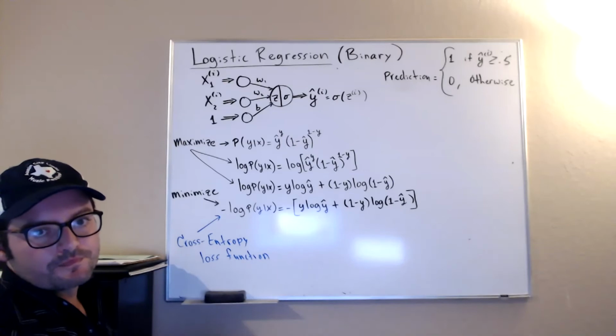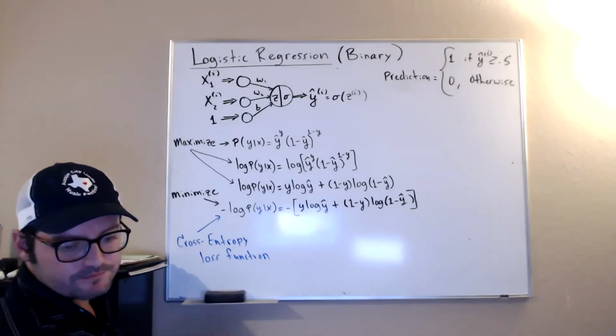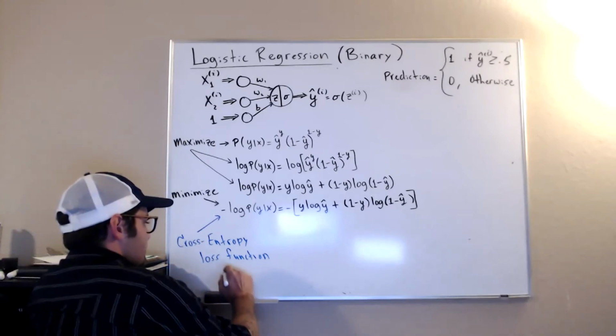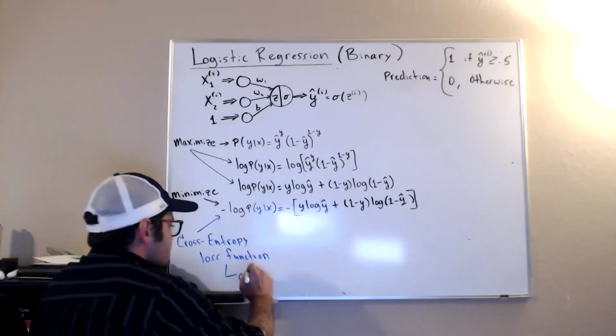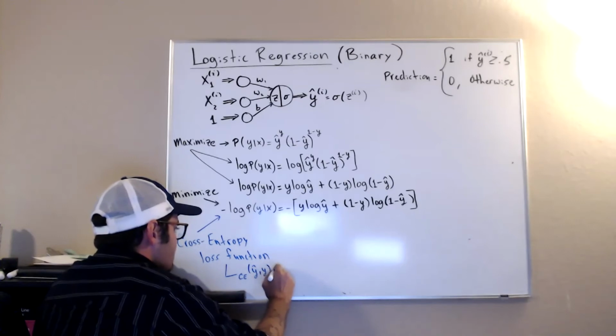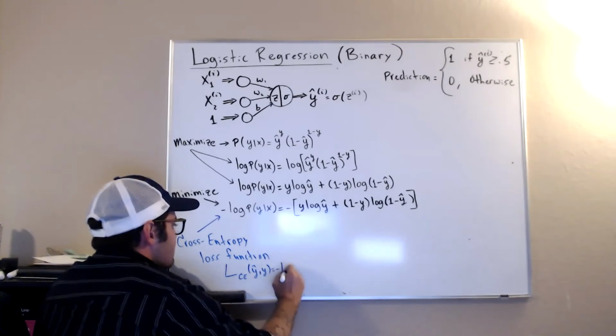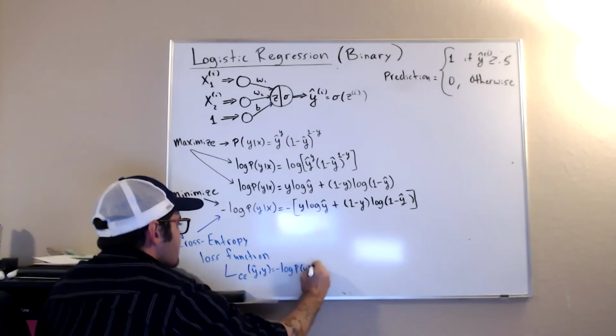And we'll define it to be, using the notation, loss cross entropy of y hat, y is equal to -log probability of y given x.